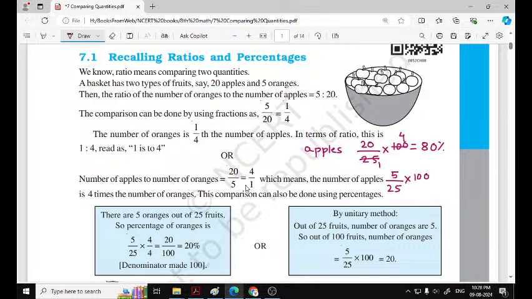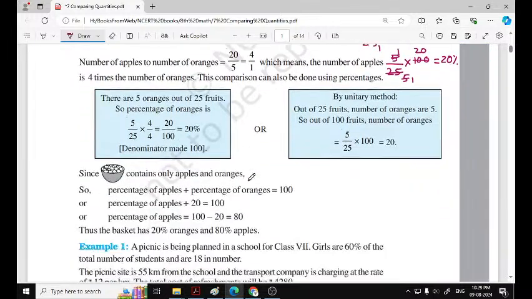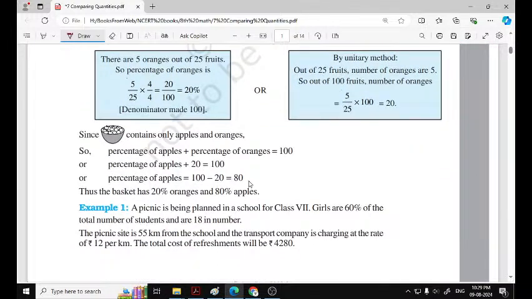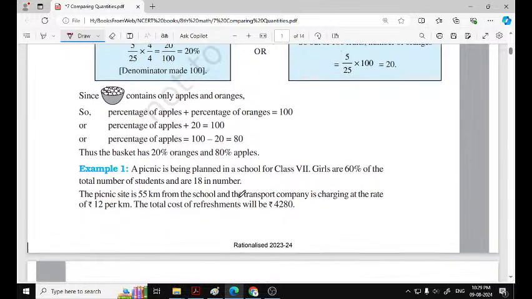Then how much out of 100? So oranges are 20% and apples are 80%. If we add these percentages, that addition is 100.